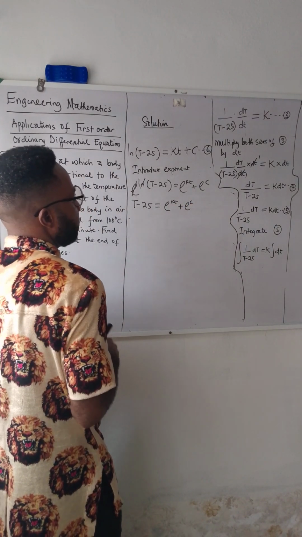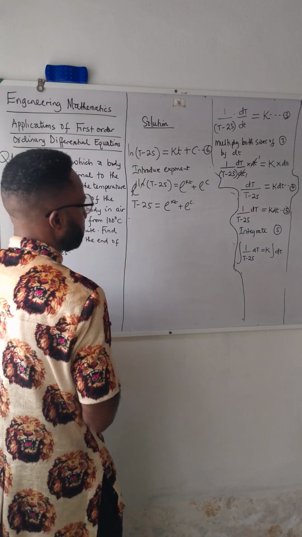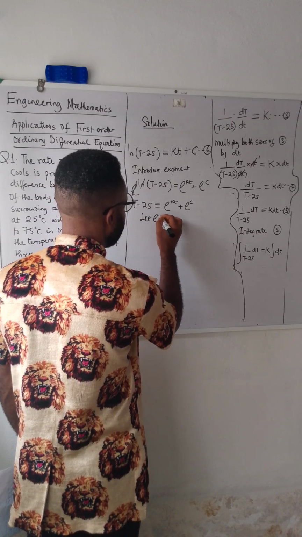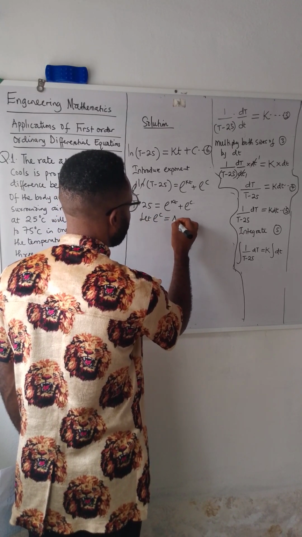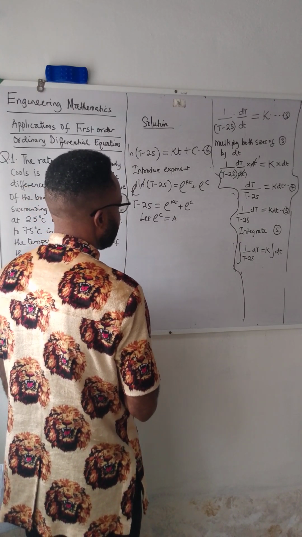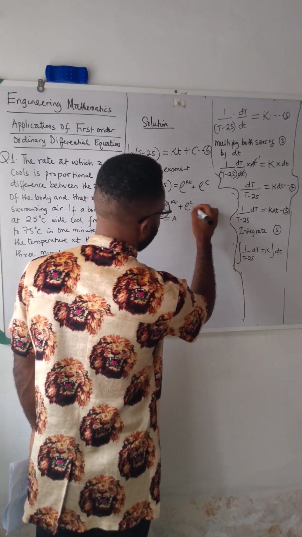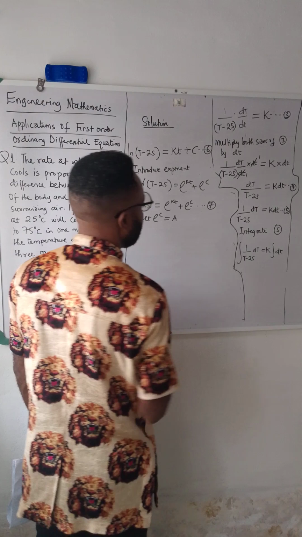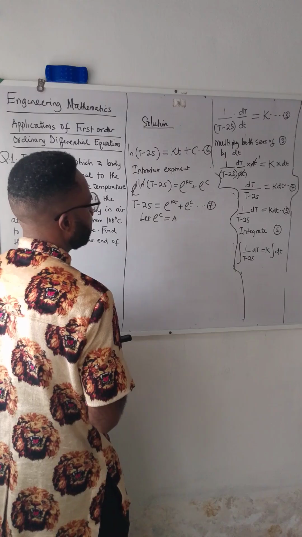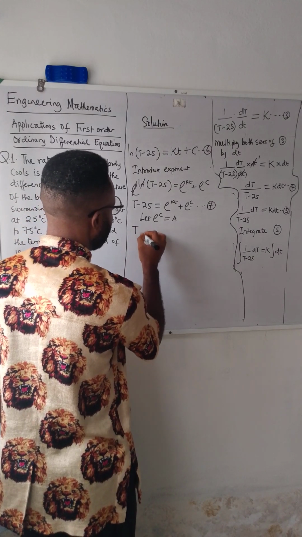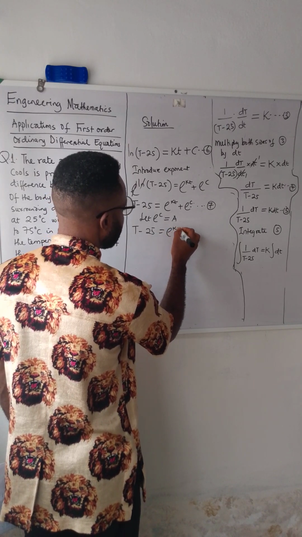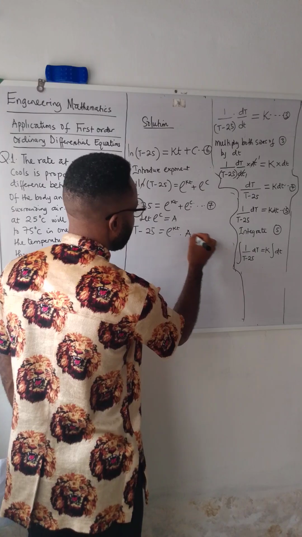I want to further simplify this equation, and so I can say let exponent c equal a. If exponent c is equal to a, then equation 7 will now become t minus 25 equal to exponent kt times a.